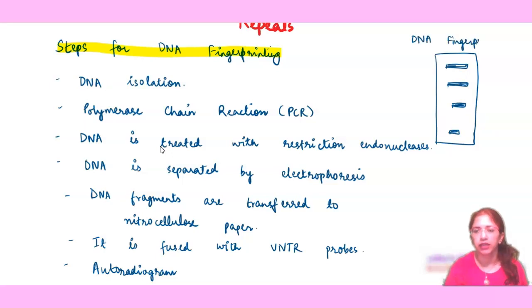DNA fingerprinting is done and it will give a definite pattern. That means if I undergo the DNA fingerprinting technique for my DNA, it will have a specific DNA fingerprinting pattern, and so will yours. That's why every individual has a specific DNA fingerprinting pattern.